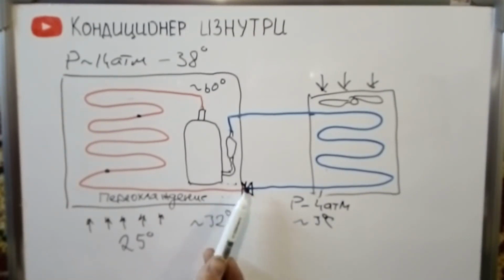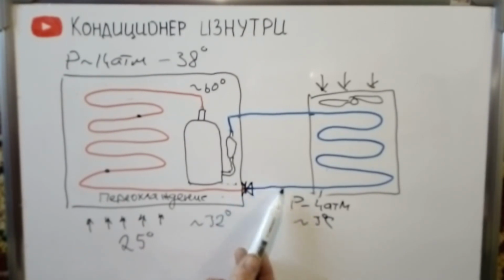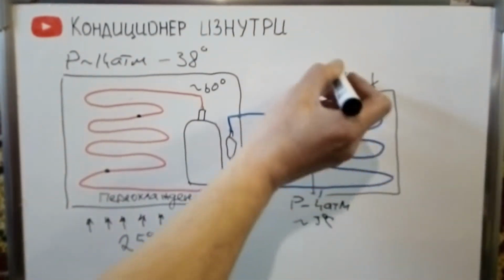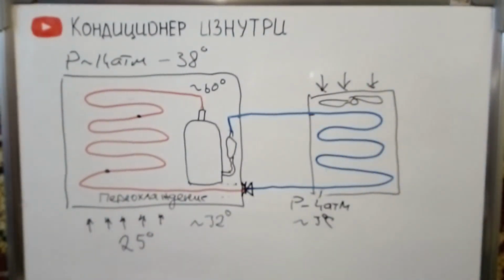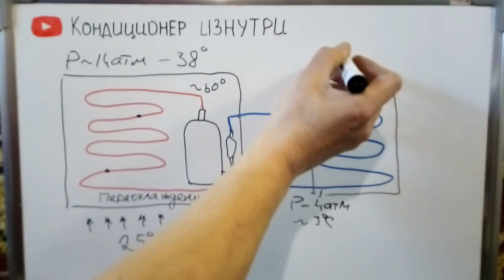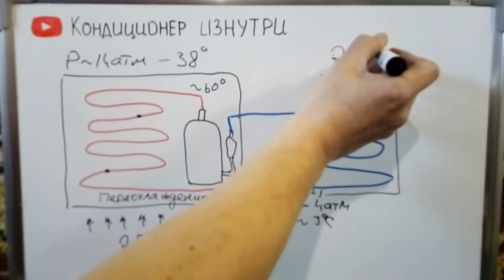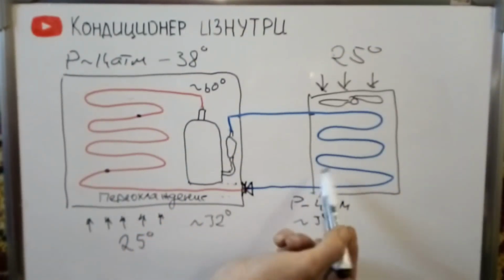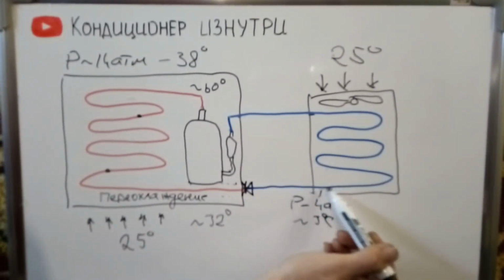After passing the throttle, part of the refrigerant evaporates and we again have a vapor-liquid mixture, which cannot change its temperature until it completely evaporates or condenses. The air is blown warmer, let's say the same 25 degrees in our room. The refrigerant, passing through the evaporator, begins to evaporate, thereby absorbing the heat of the indoor air.